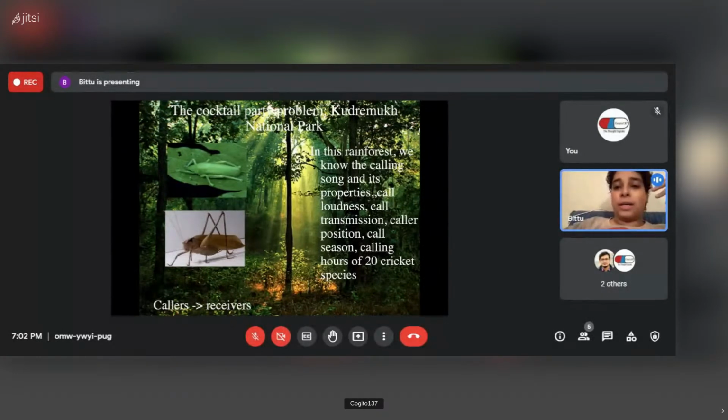So all of the calling animals, their song properties, loudness, transmission, and so on, is beautifully quantified by the lab with respect to this field area.